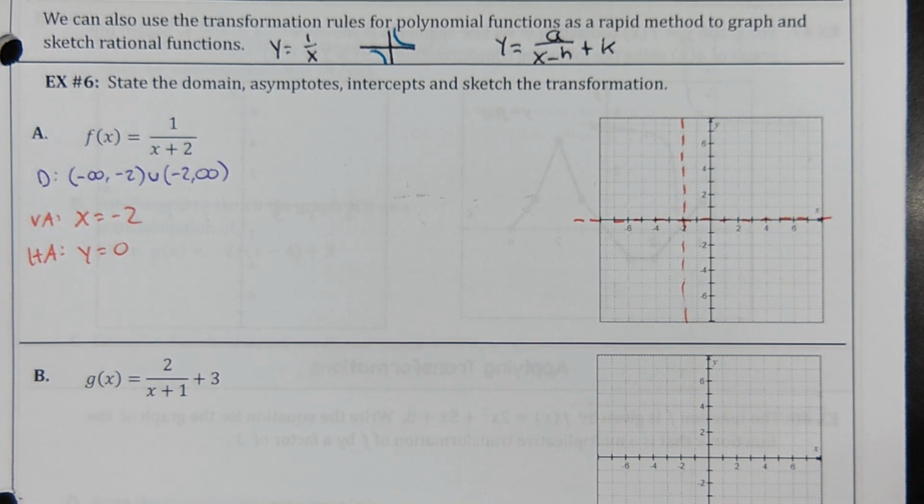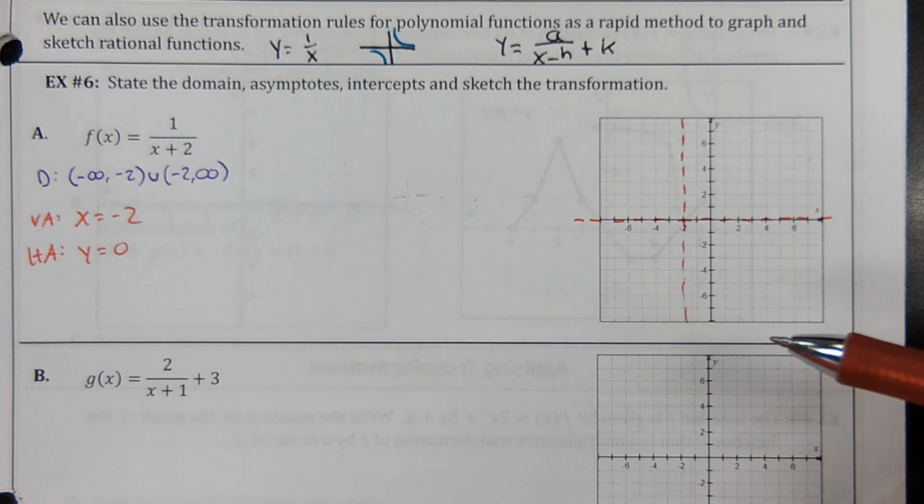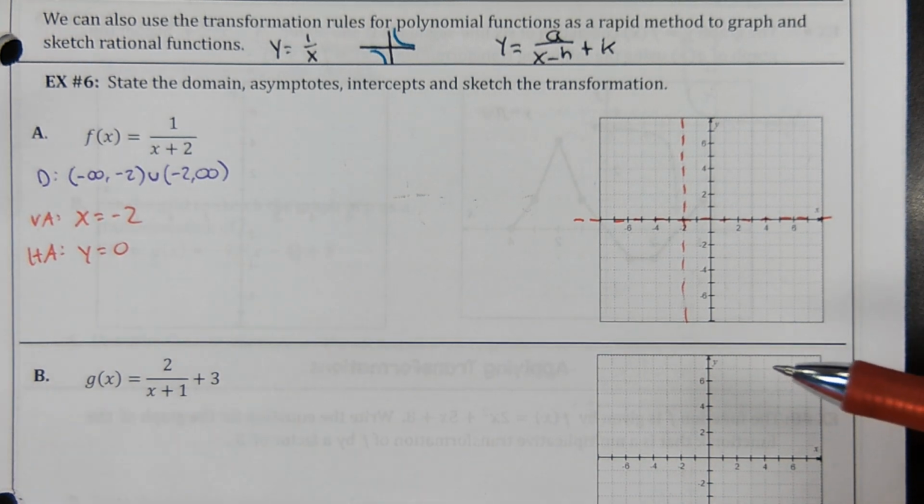We do need to try to find the intercepts, though. Let's start with the easy one. The easy intercept to find is always going to be your y-intercept. When you're on the y-axis, what does x equal? 0.